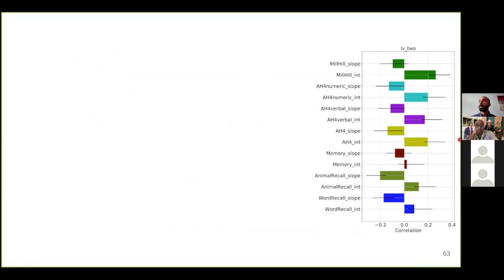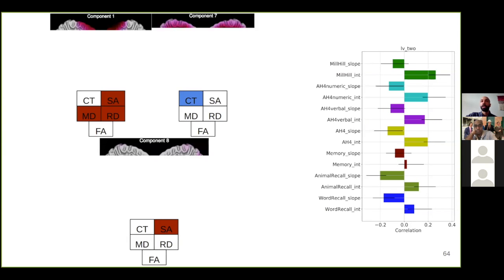Moving on to latent variable 2, here instead we see inverse relationships between most of the intercept and slope pairs. So this is now indicative of individuals who either start high and then have a steep decline, or vice versa. So this LV is instead saying there are individuals who, regardless of their starting point, end up at a similar point in time.